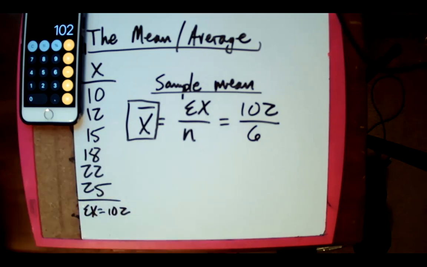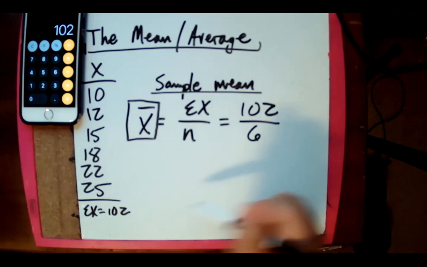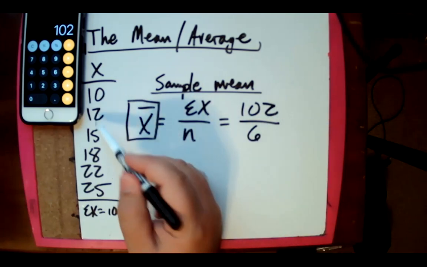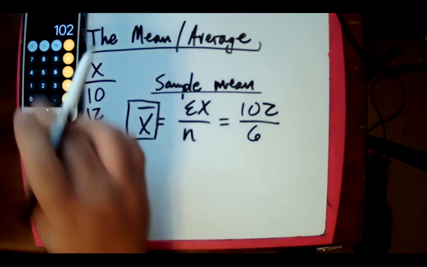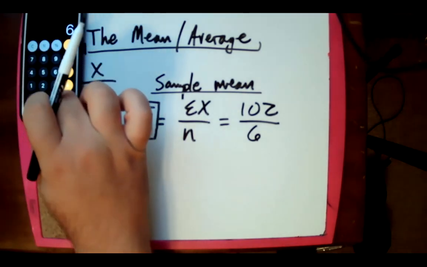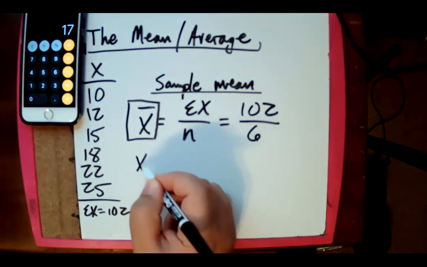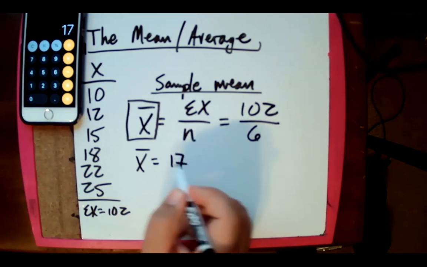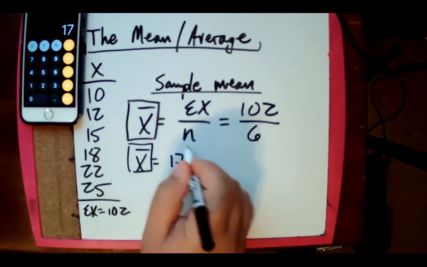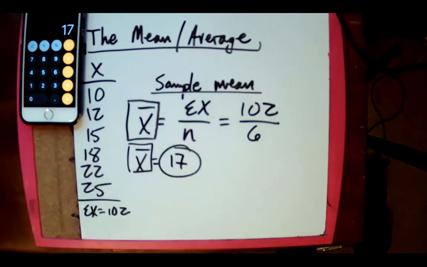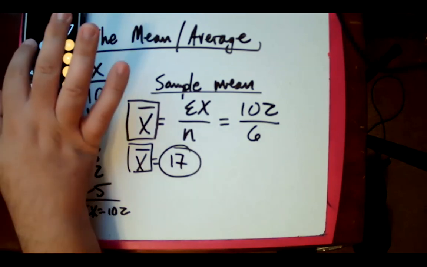Now to get the average, we just do 102 divided by 6 because there are 6 numbers. 102 divided by 6 equals 17. So we would say the average score, or the mean, is 17. That's all there is to it. But you already know how to do this, right? It's just find the average.